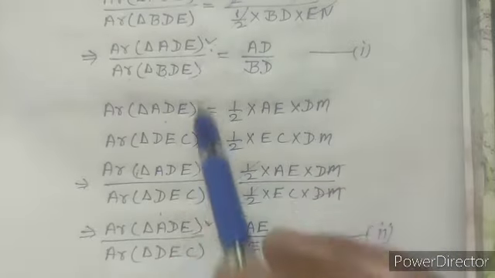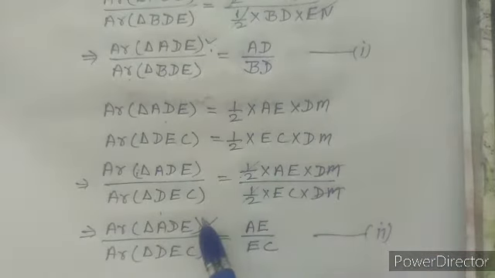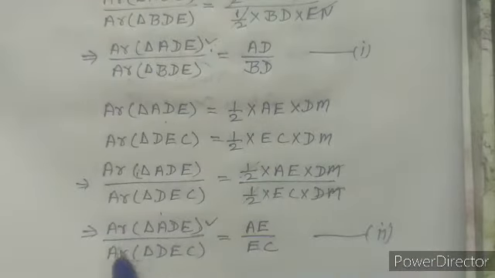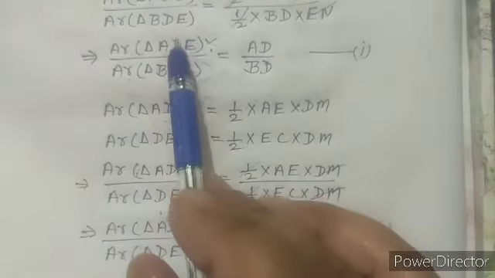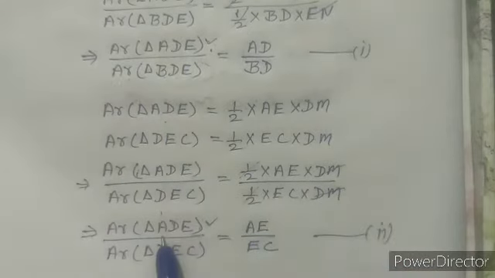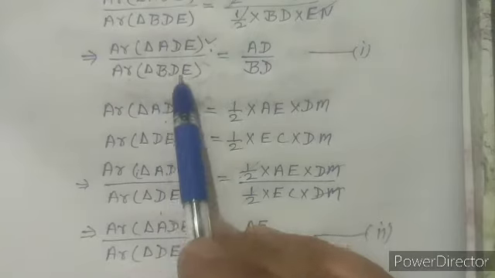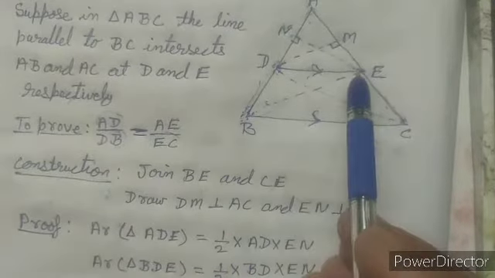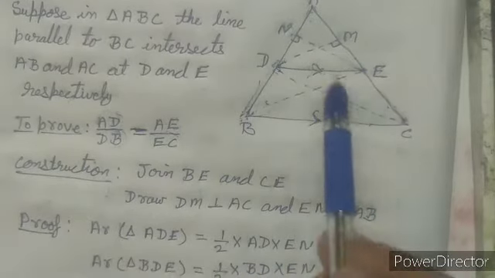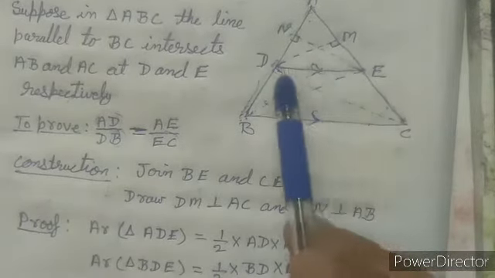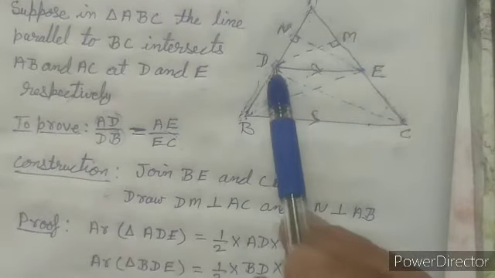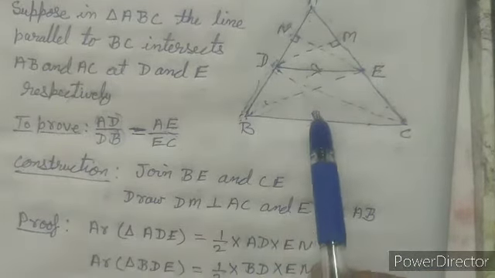Now if we see first and second equation, numerator of the left hand side is same, so we need to prove the denominator as same, so that the left hand side of the equations becomes equal. As we know, triangles BDE and DEC are on the same base DE, which is common side of these two triangles, and these two triangles are between DE and BC, which are parallel lines.